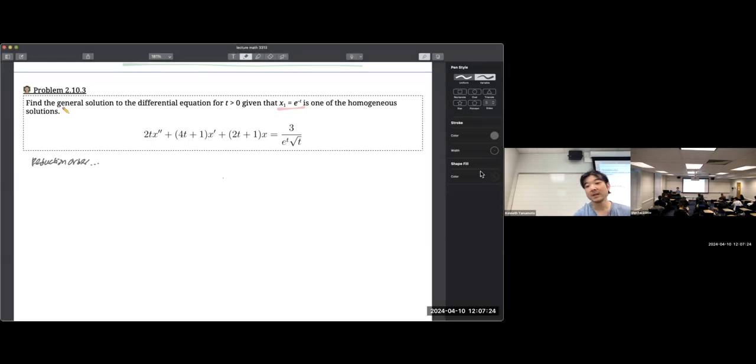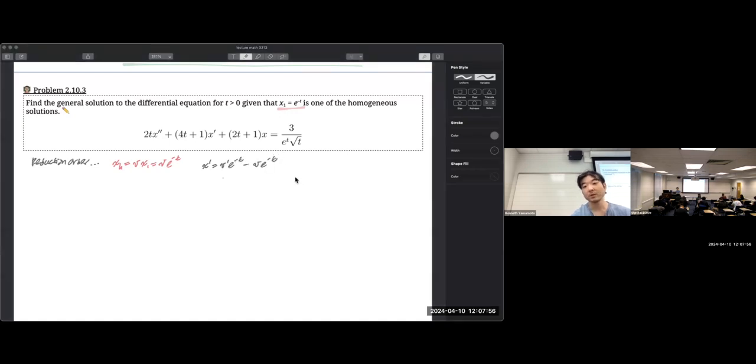Reduction of order says you propose that your general homogeneous solution, which I'll write as x_H, is built off of some v times your first homogeneous solution. That v is some function of t that we're going to find that forces this to satisfy the differential equation. So you get your derivatives. The first derivative x prime equals v prime e to the negative t minus v e to the negative t.